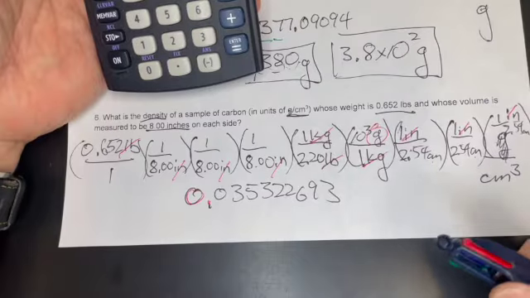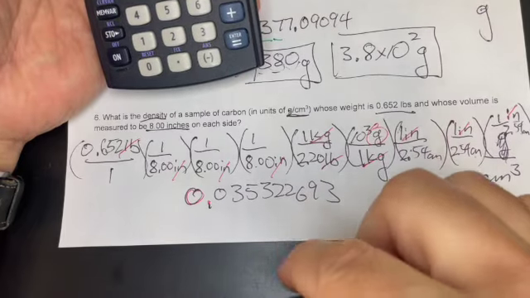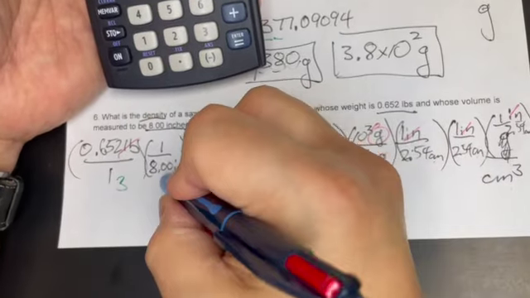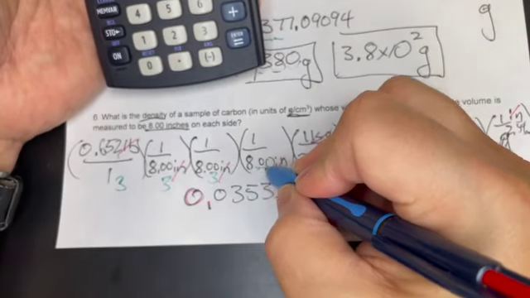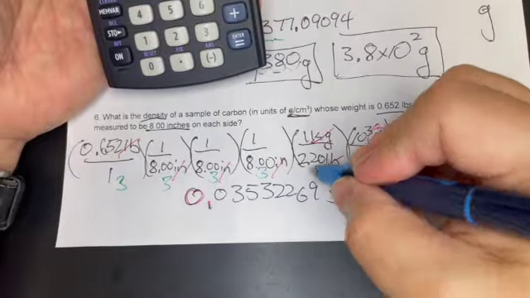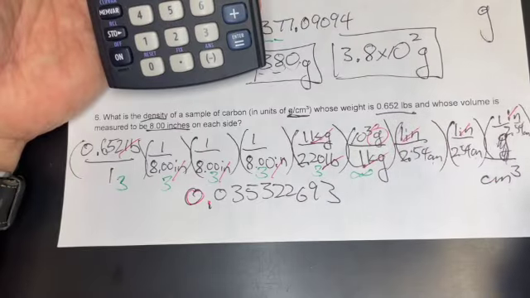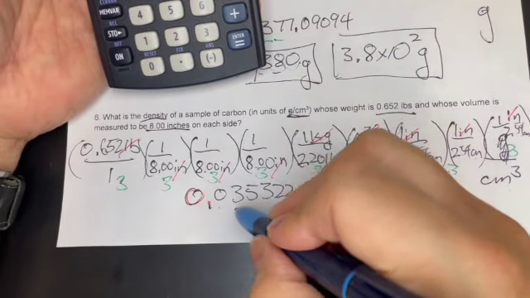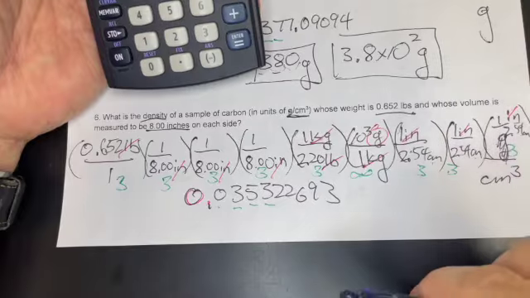We're going to go with the number of sig figs. Here we have 3 sig figs. Here we have 3, 3, 3, 3. Infinite number of sig figs there, and 3, 3, and 3. So our final answer is going to have 3 sig figs.